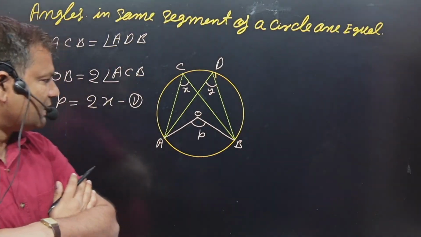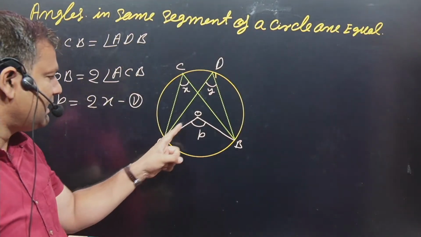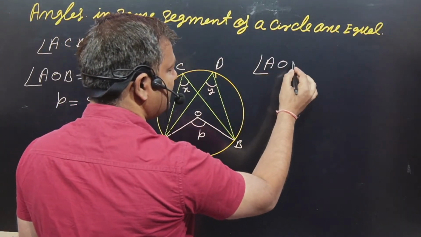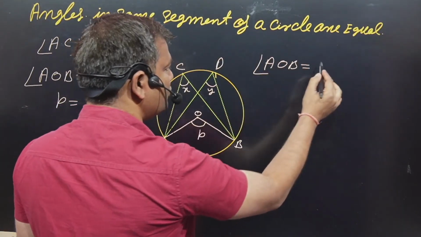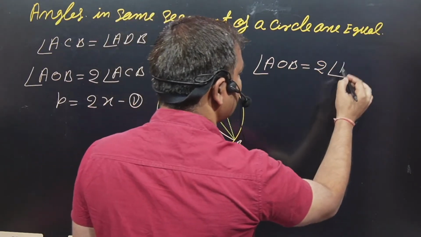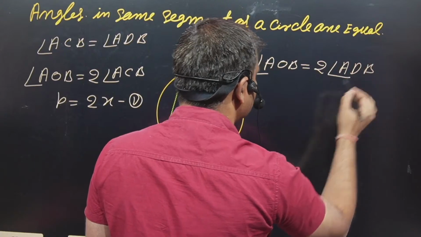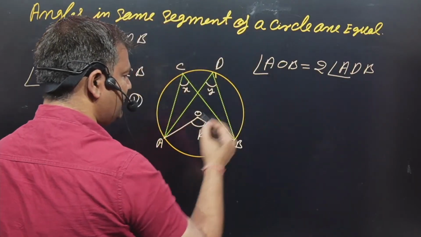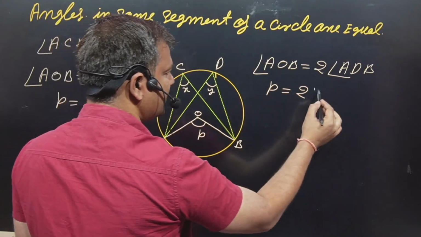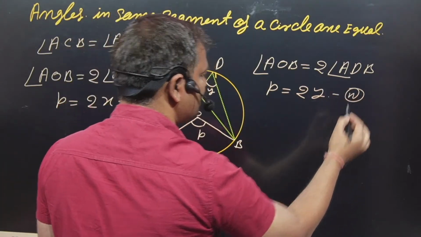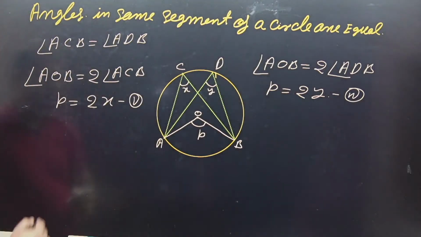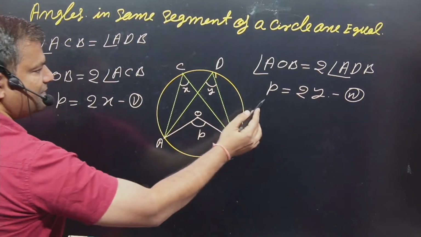After that, you can apply here that angle AOB is equal to 2 times angle ADB. So AOB is basically P, and this is 2 times Y. So equation number 2. From equation number 1 and 2, you can say that P is equal to 2X and P is equal to 2Y.